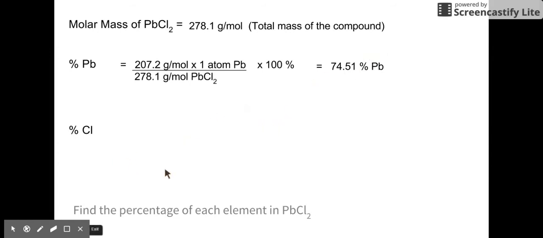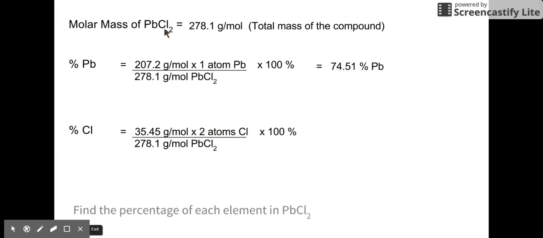So let's look at chlorine. You could probably figure out how much chlorine contributes without doing anything else, but let's go ahead and do the formula. I'm going to take 35.45 grams per mole, the molar mass of 1 chlorine, and multiply that by 2 because in my formula I have 2 atoms of chlorine. After I do that, I divide that whole top by the total mass of the compound, 278.1 grams per mole.